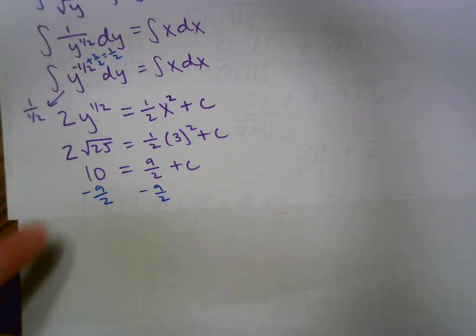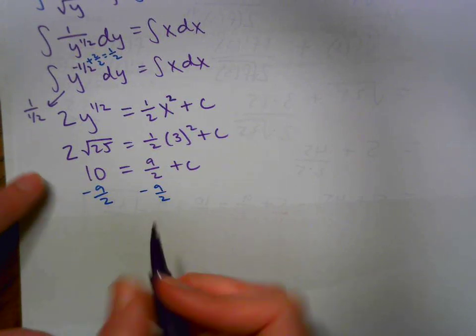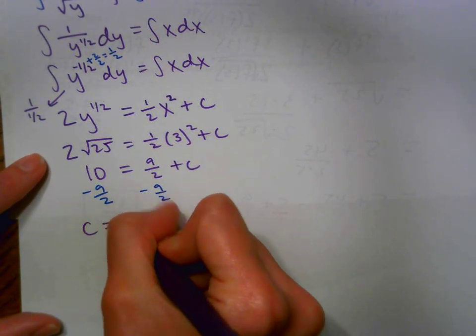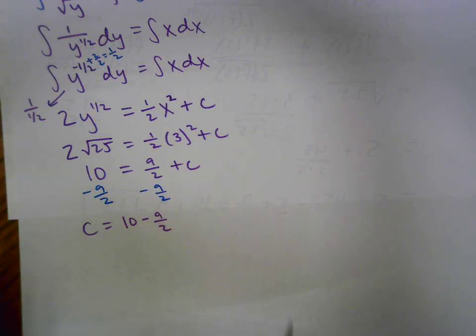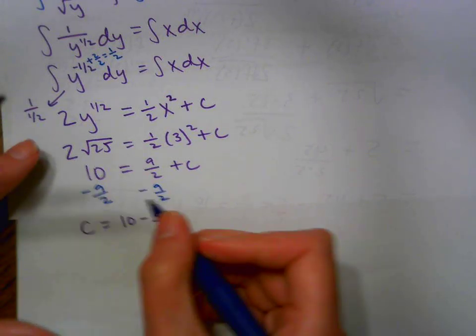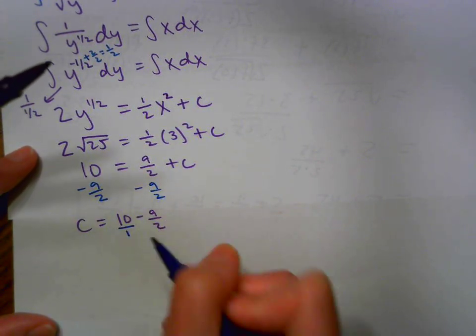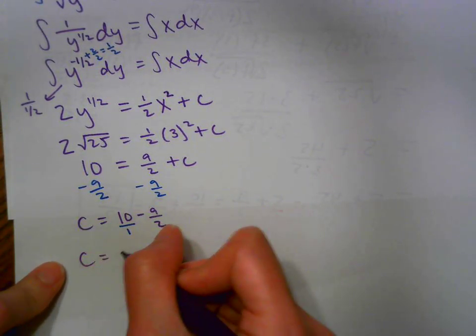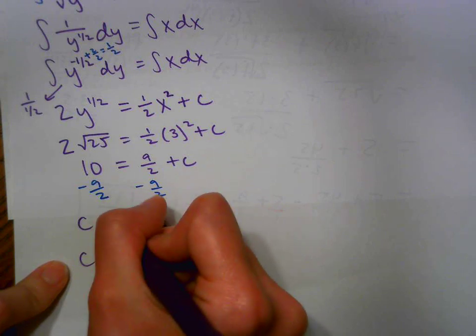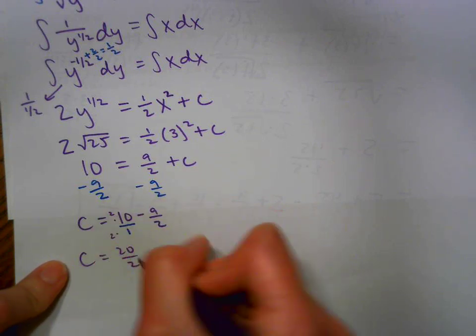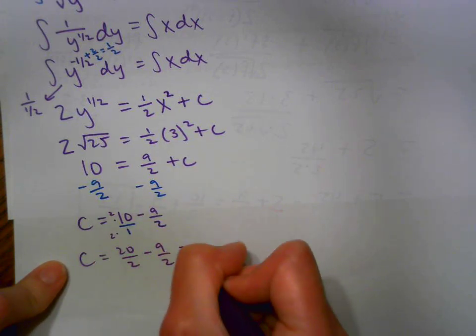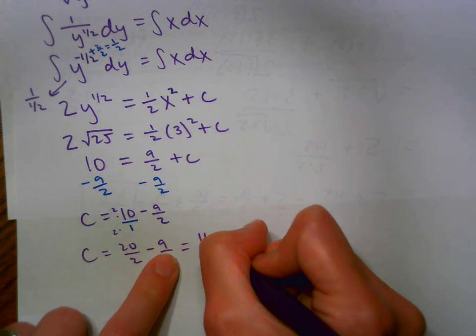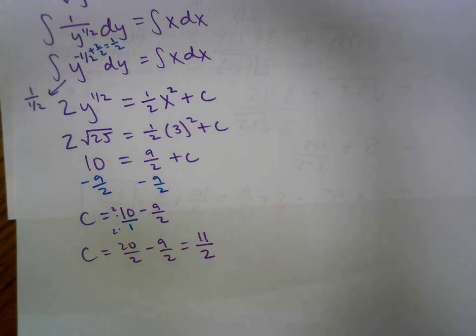I would actually want to get this as a number. I wouldn't want to leave c, because right now we know c equals 10 minus 9/2. But let's actually get a common denominator. So 10 is over 1, so multiply it by 2 on the top and bottom. So that becomes 20/2 minus 9/2, which 20 minus 9 is 11. So c is 11/2.